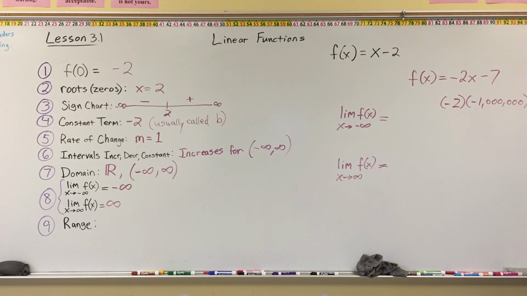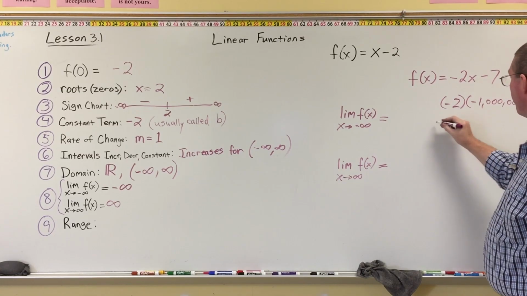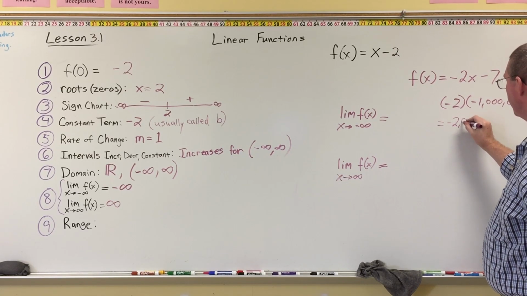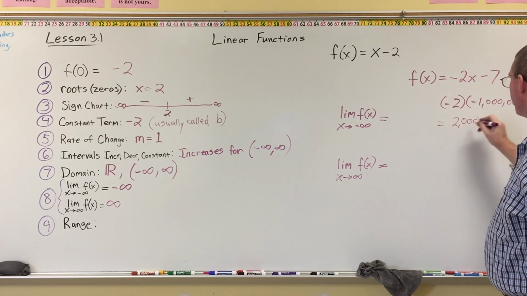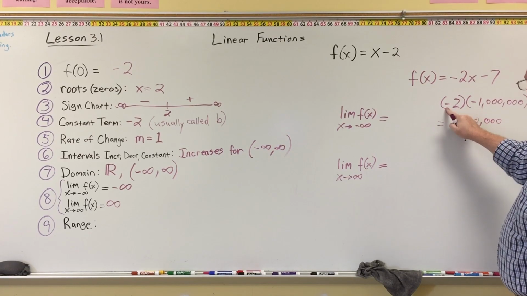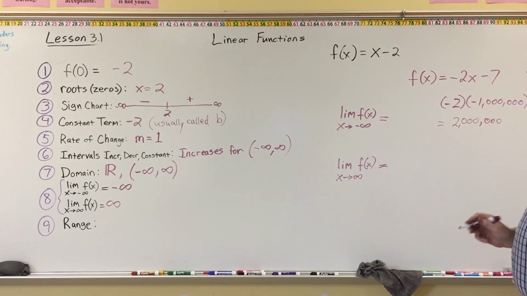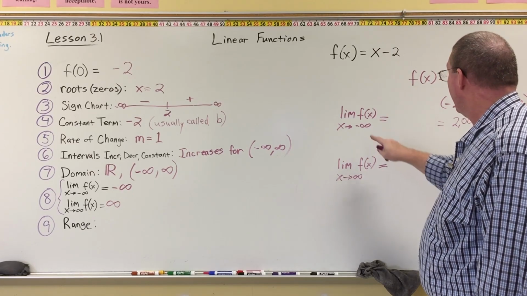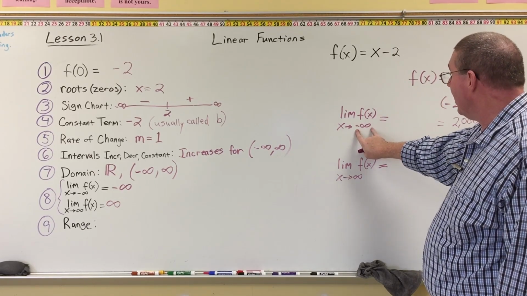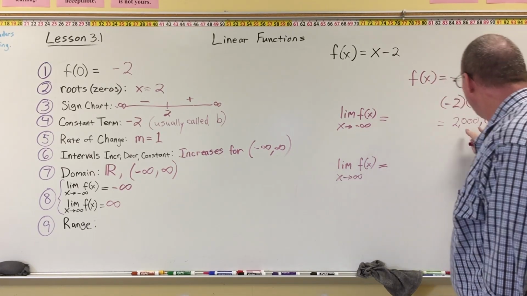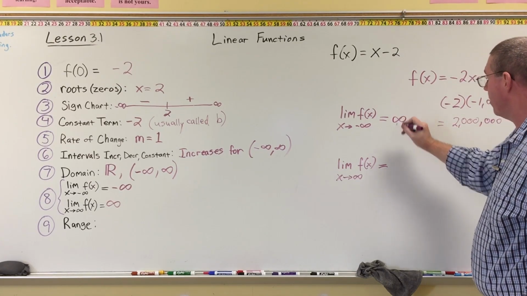And then we're going to subtract 7 from that. Sorry, you probably can't see this over here. Let me redo this. All right. Negative 2 times negative 1,000,000 equals, not negative, it's positive, sorry. Negative times a negative is a positive. So now, when x goes towards the negative, the outputs actually go towards the positive, okay?